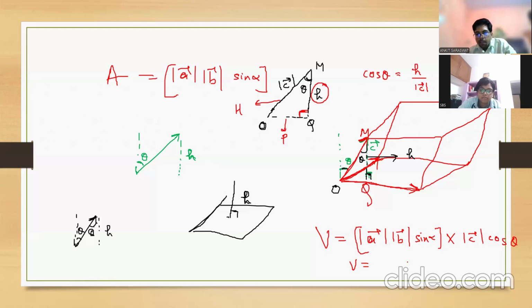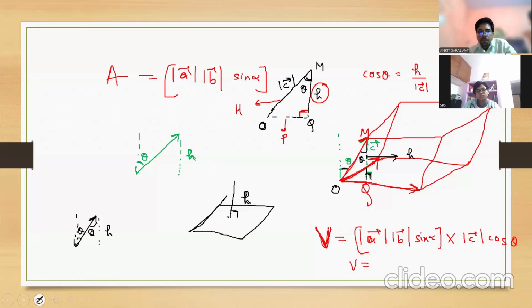If I simply say the volume of the parallelepiped, it is just like a vector, a volume vector. Let us suppose, but actually it is not. Volume is not a vector.